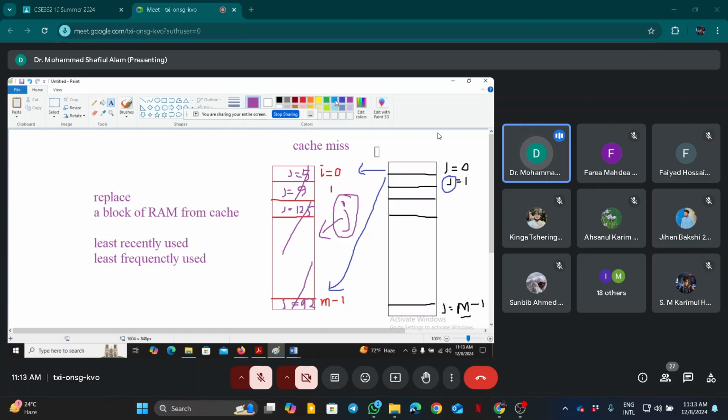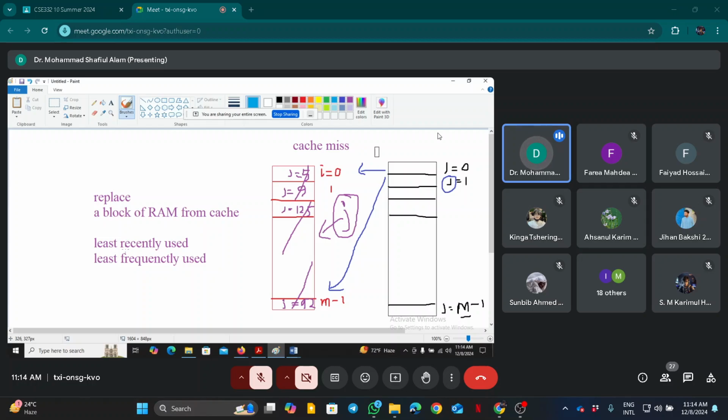Now, to implement this algorithm, we need to keep information about the thing the algorithm is based on. So we need to count how frequently a block is used in recent time in case of least frequently used.